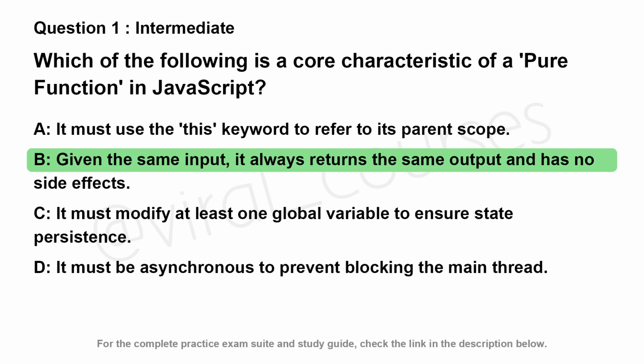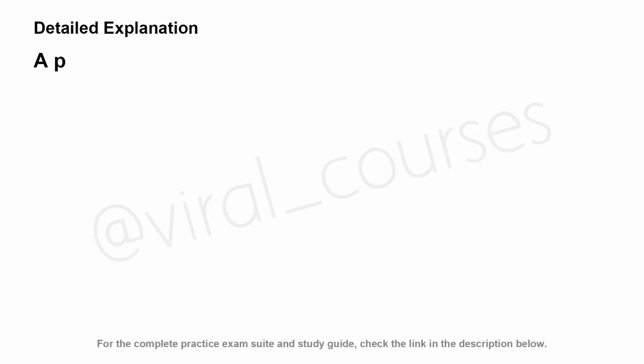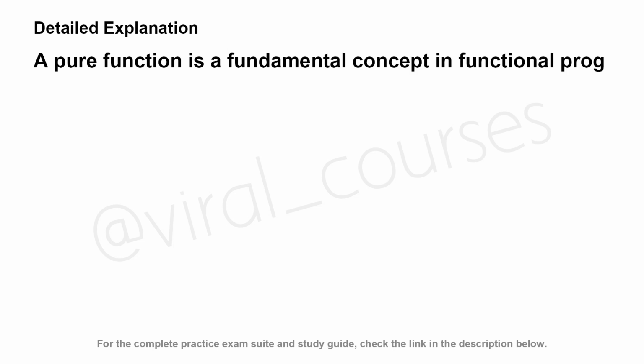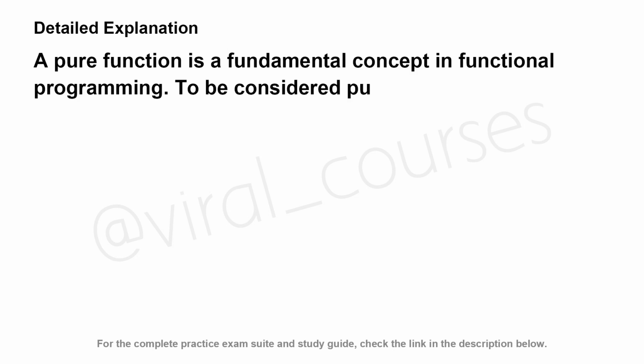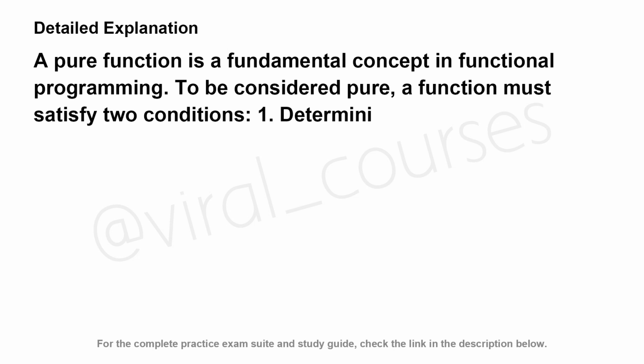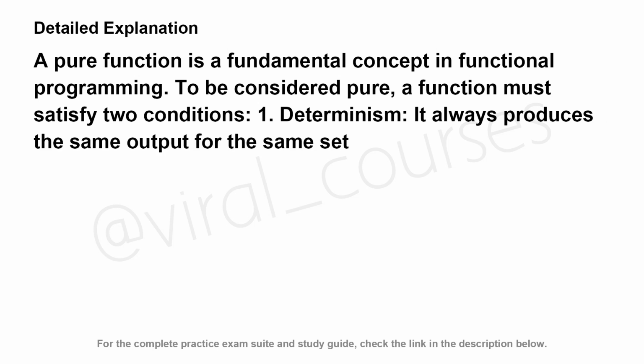The correct answer is B. A pure function is a fundamental concept in functional programming. To be considered pure, a function must satisfy two conditions. 1. Determinism. It always produces the same output for the same set of arguments. 2. No side effects.